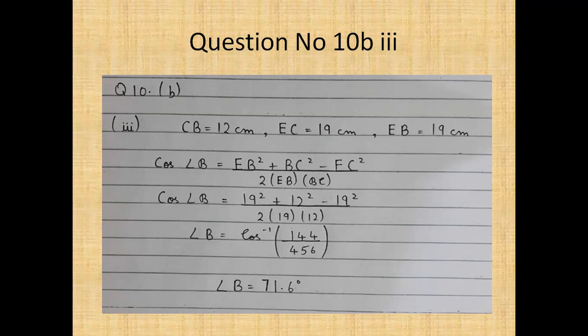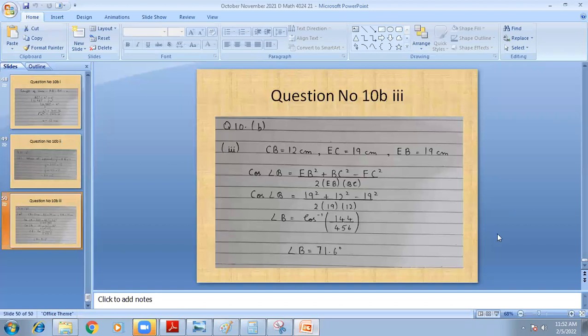So you will have angle B will be cos inverse 144 divided by 456. Remember to put the brackets around it. And the angle B will be 71.6 degrees. So we are done with this.